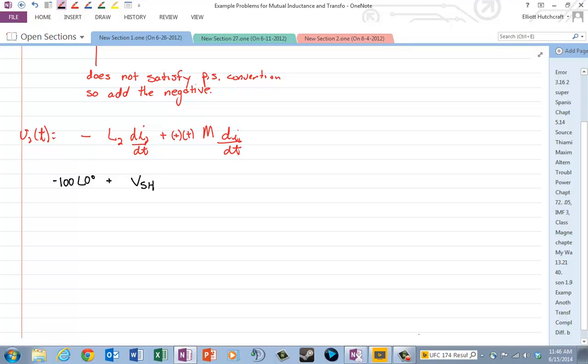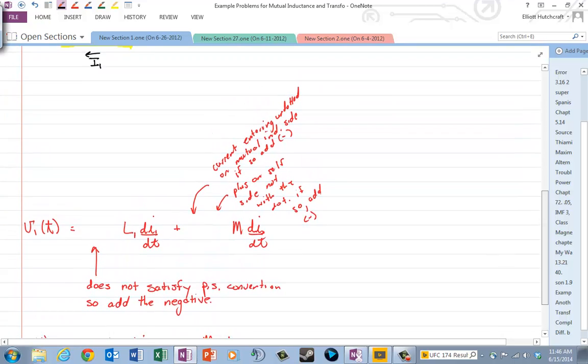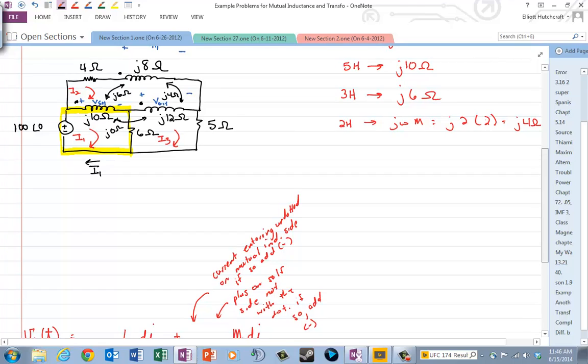So I'll say plus V5H, and that V5H is going to have both a self-inductance term and a mutual inductance term, between the 6 Henry, between the 3 Henry mutual inductance term, and, well, I guess the 0 Henry mutual inductance term. It won't have one there.